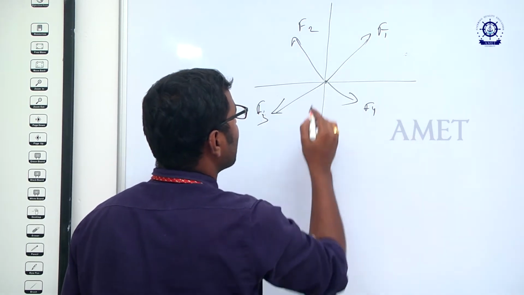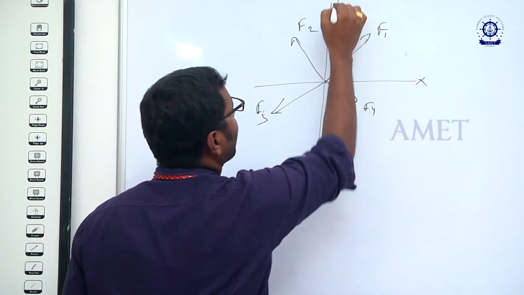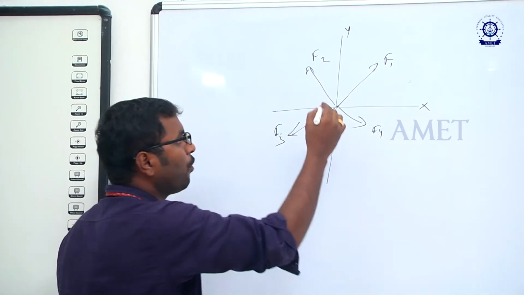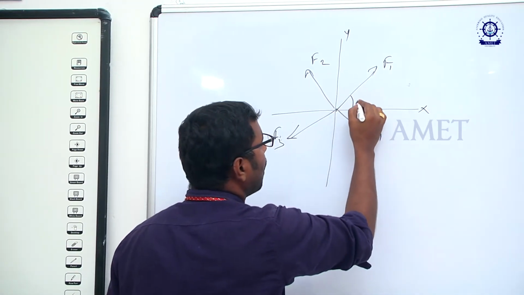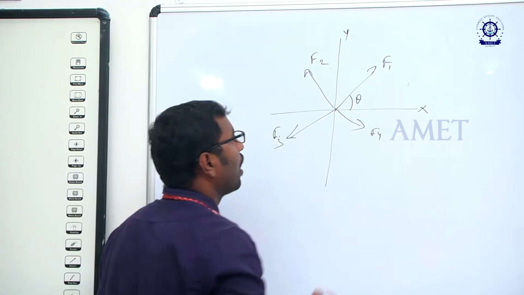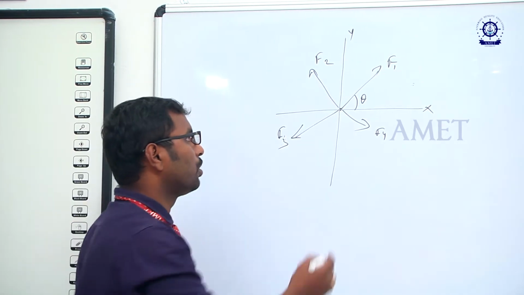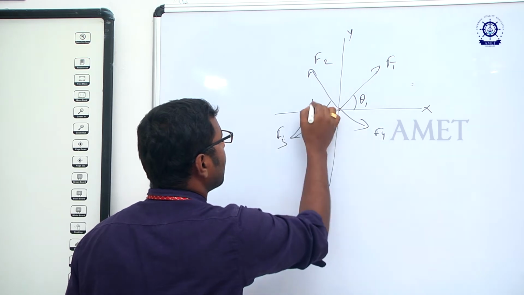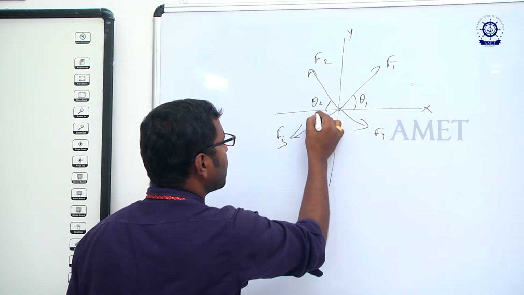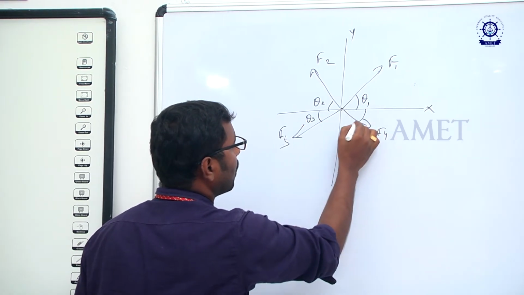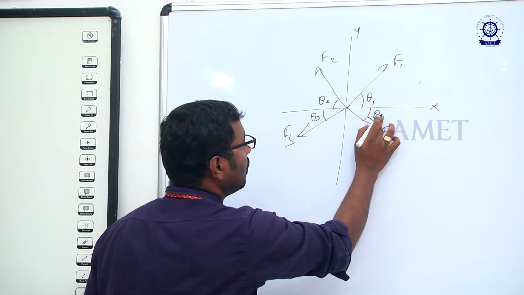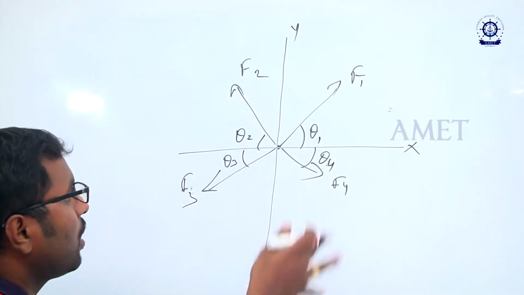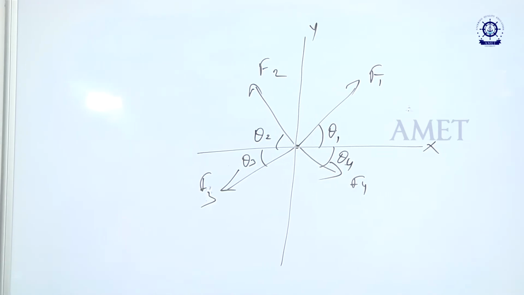Place this system on x and y axes. F1 is acting at angle theta 1 to the x axis, F2 at theta 2, and this angle is theta 3 and this angle is theta 4. To solve this kind of system we need to follow some rules.